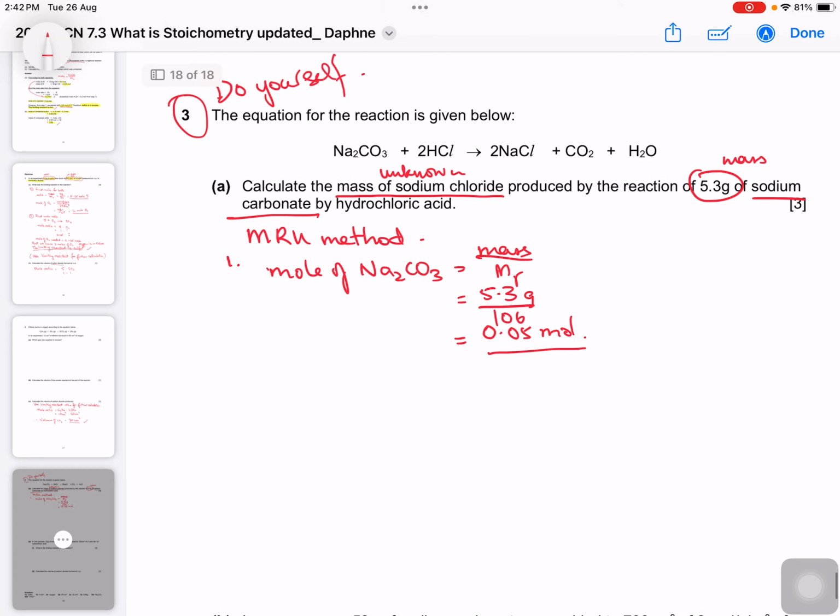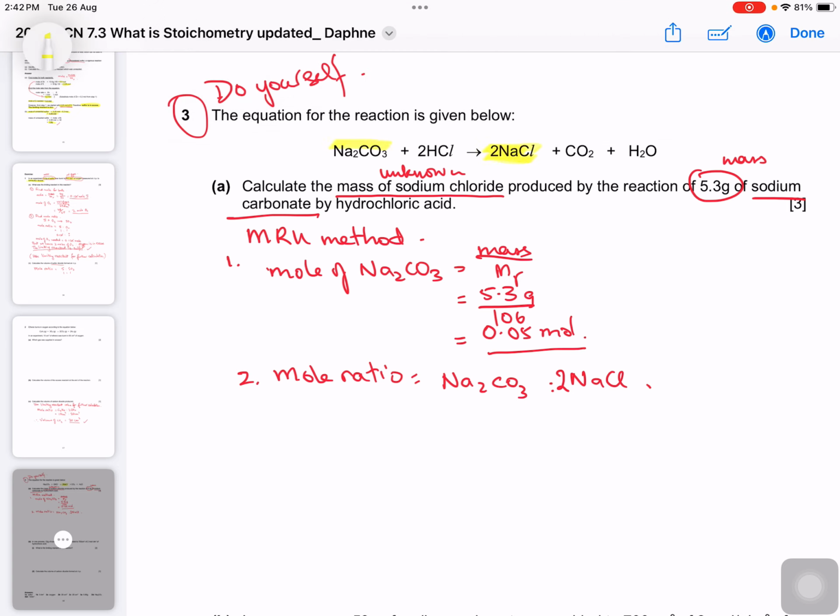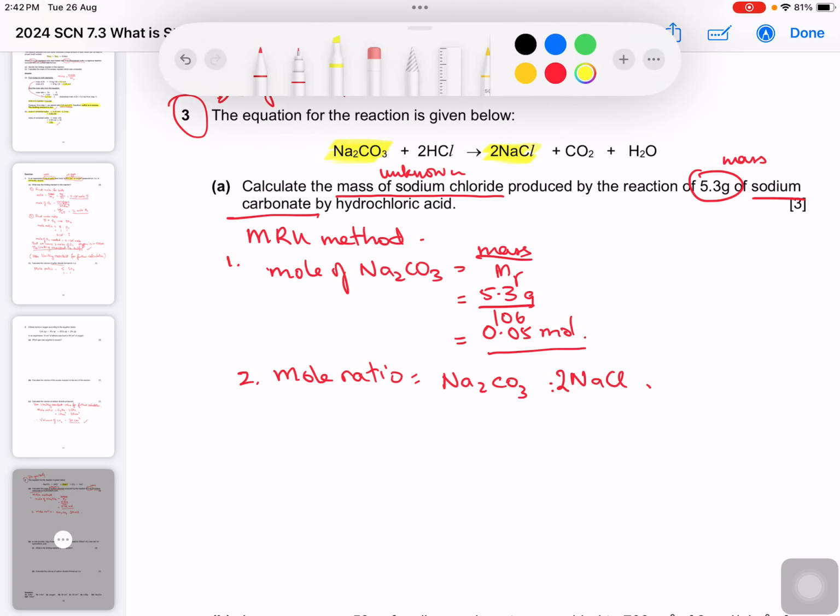Okay, mole done. Now second part, mole ratio between Na2CO3 with sodium chloride, because these are the two things that I mentioned. And from the equation, there should be a 2 in front of the NaCl. You can see here. So it's 1:2. But from the first part, Na2CO3 is actually 0.05. How much will be NaCl?